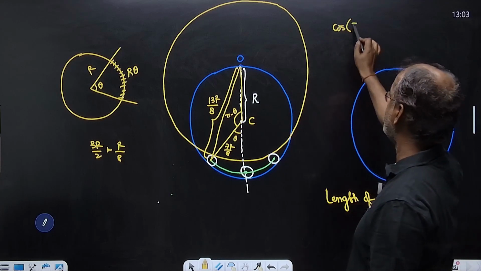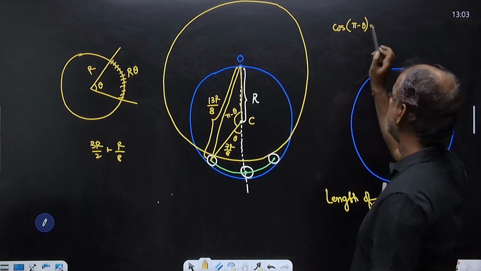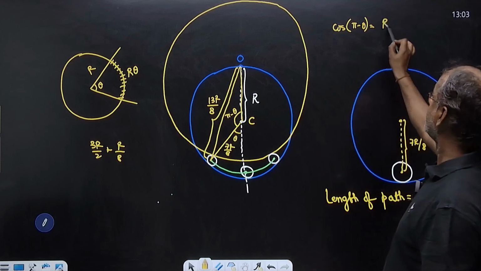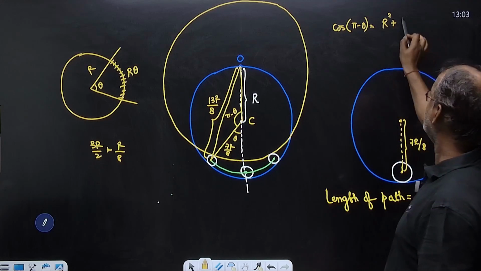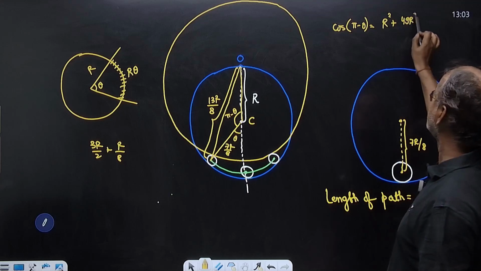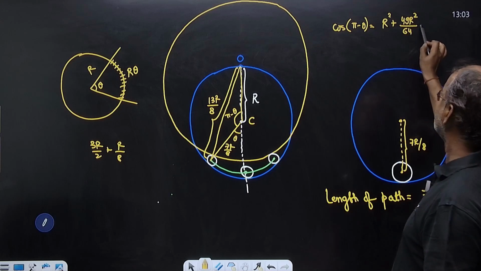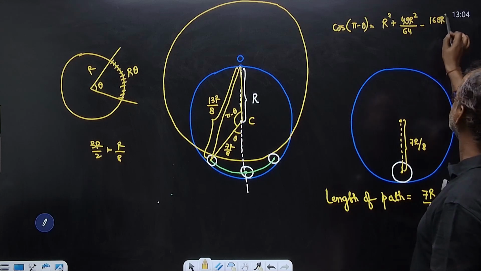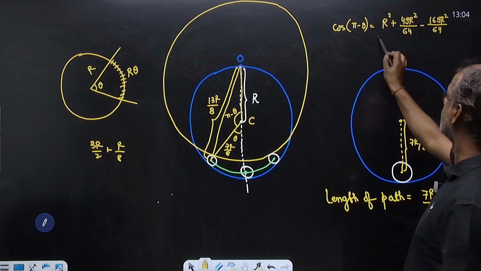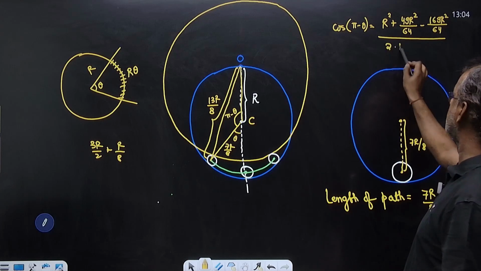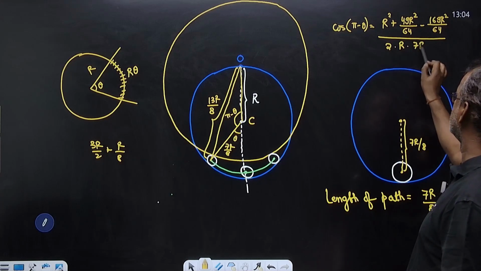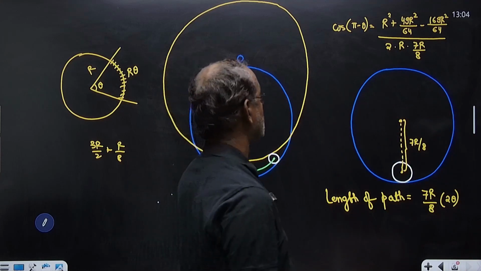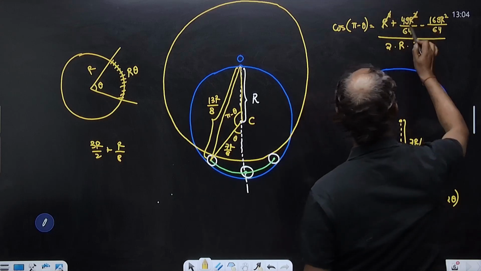So cos of pi minus theta is r square plus 49 r square by 64 minus 169 r square by 64, upon 2 into r into 7r by 8. So you can see r square gets cancelled out.